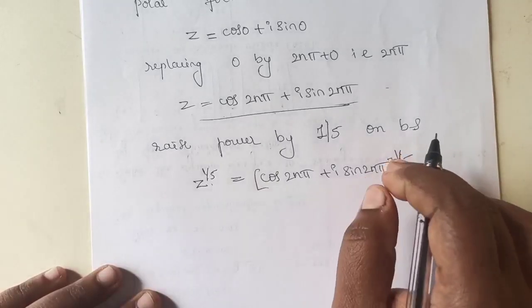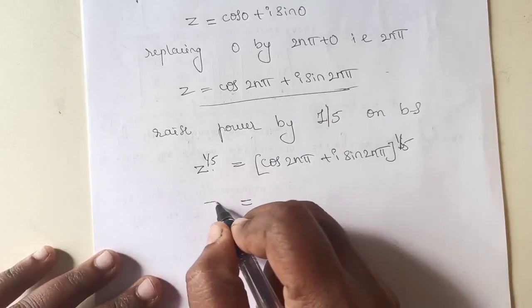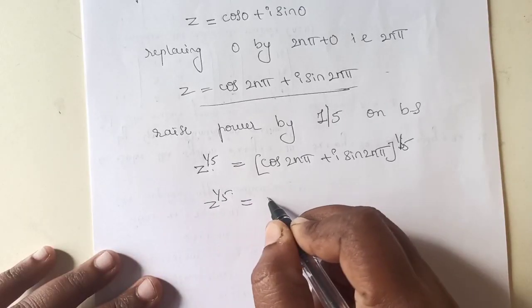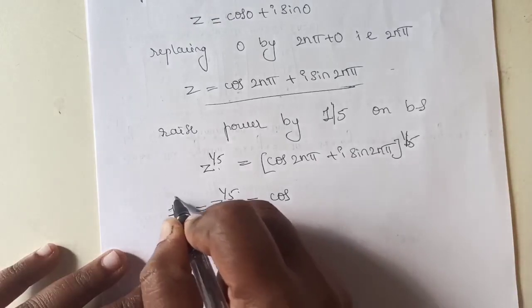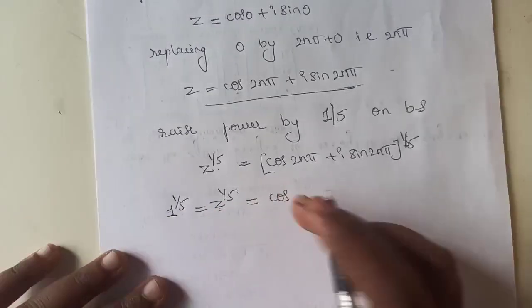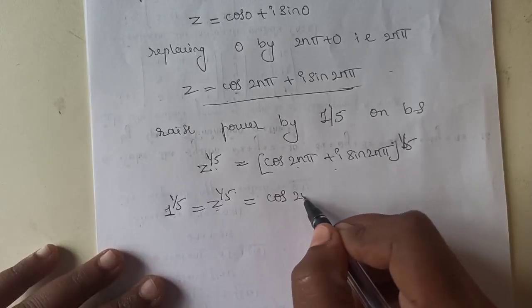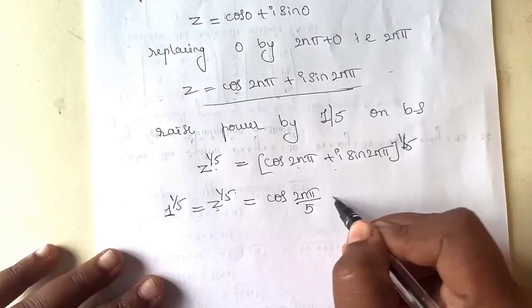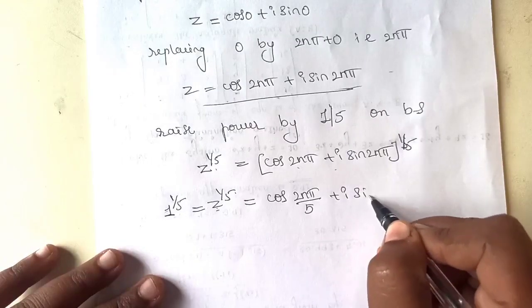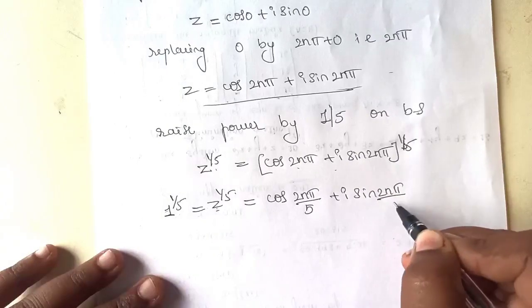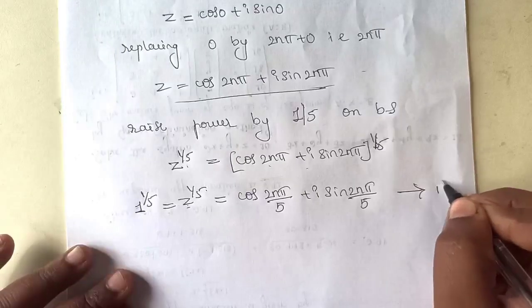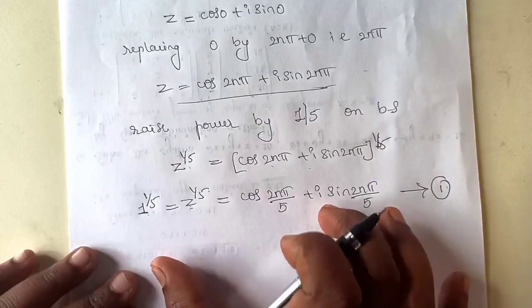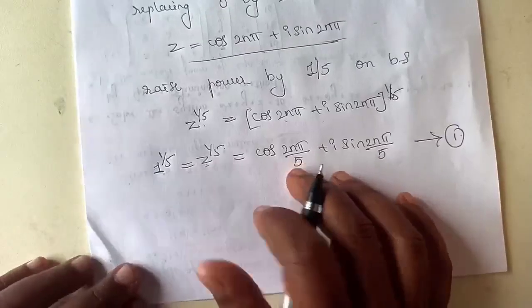Applying De Moivre's theorem, the given complex number 1 power 1 by 5 equals cos 2n pi by 5 plus i sin 2n pi by 5. Consider this as equation 1, which is very important for the calculation.